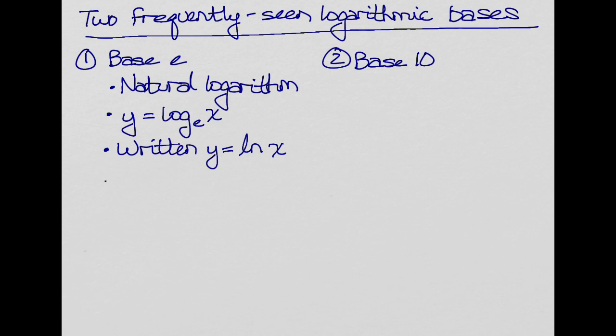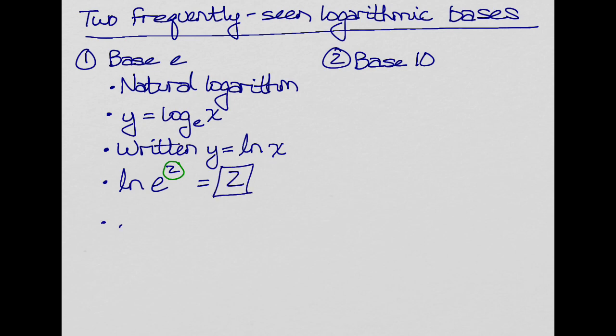We can evaluate it. If I say, let's evaluate the natural log of e squared, what I'm really saying is the base is e. What exponent do I have to put on e in order to get e squared? At which point it becomes sort of one of those self-answering questions. The exponent I have to put on e in order to get e squared is a 2.